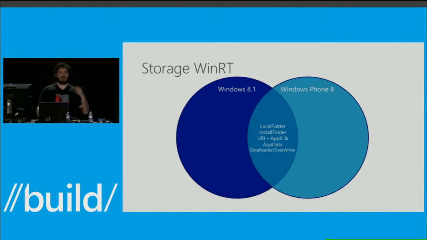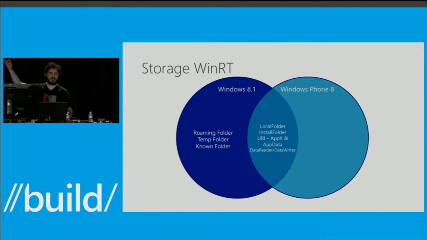The WinRT storage APIs also converge quite nicely. You have access to the local folder, the install folder. You can utilize URIs, data reader, data writer. Now, what's specific to Windows is three sets of folders that you have access to that don't exist on Windows Phone 8. The roaming folder, think of it as a virtualized folder where, as you put content in one specific location in the application, if you have another Windows device running the same application, it will be shared across the two.